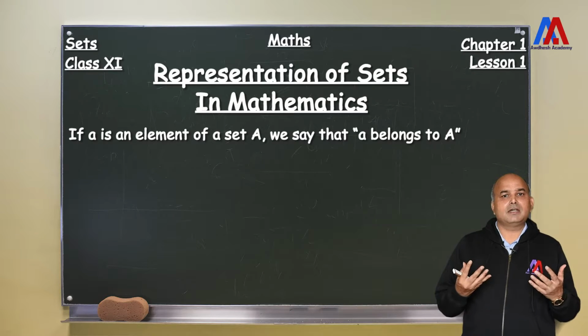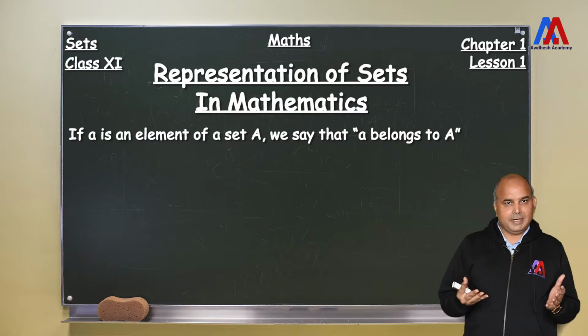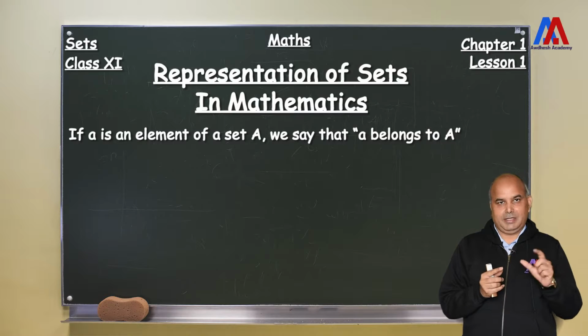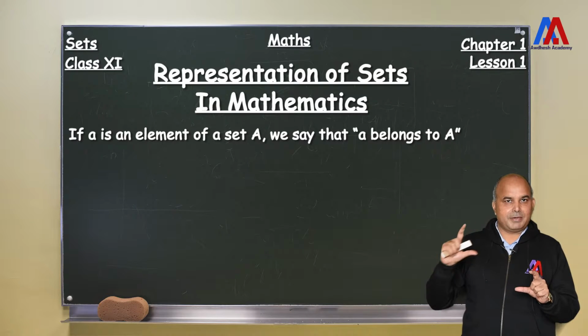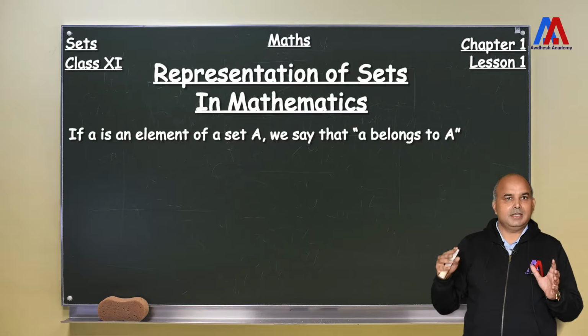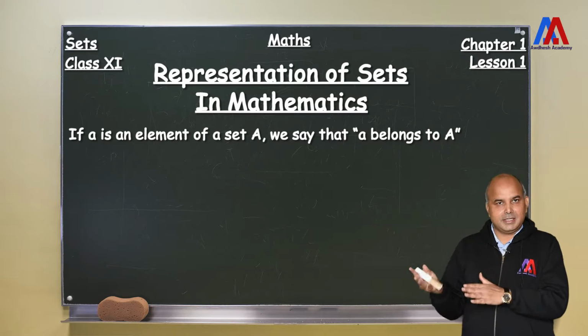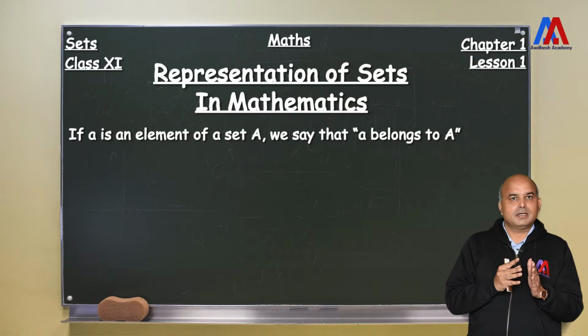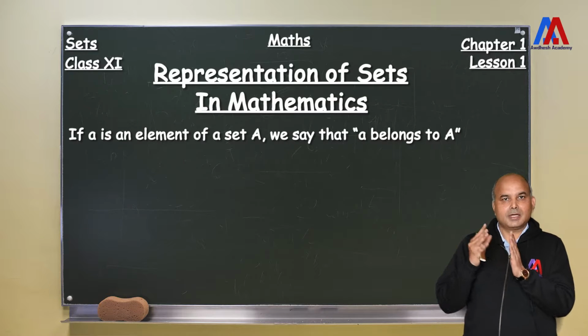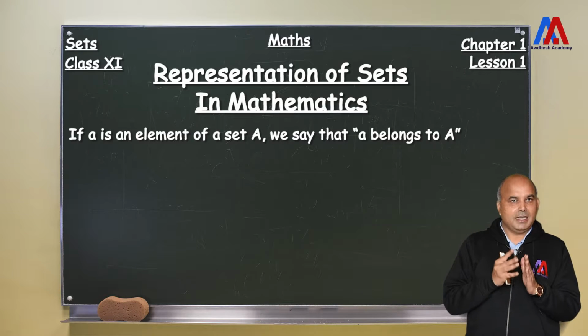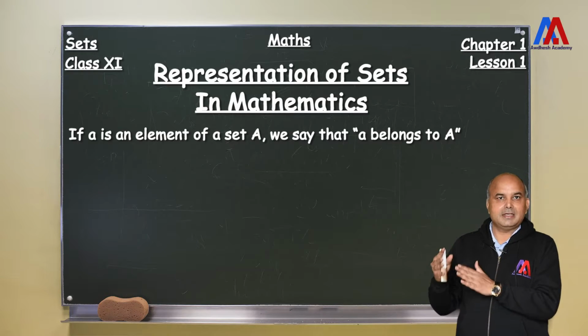How do we represent the sets in mathematics? In mathematics, the small letters like a, b, c represent the elements. Capital letters A, B, C represent the sets. So suppose an element belongs to a particular set, then we say a belongs to capital A. That means the small a element belongs to the capital A set.